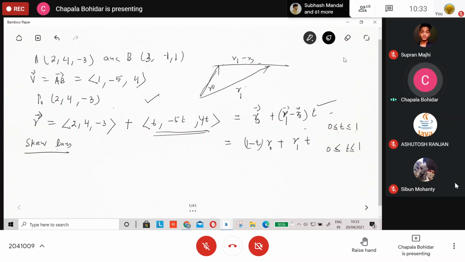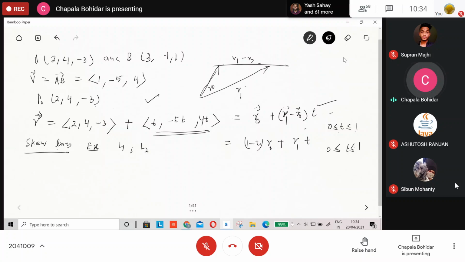Example: the line L1 and the other line L2, with the parametric equations of both lines given, are skew lines.